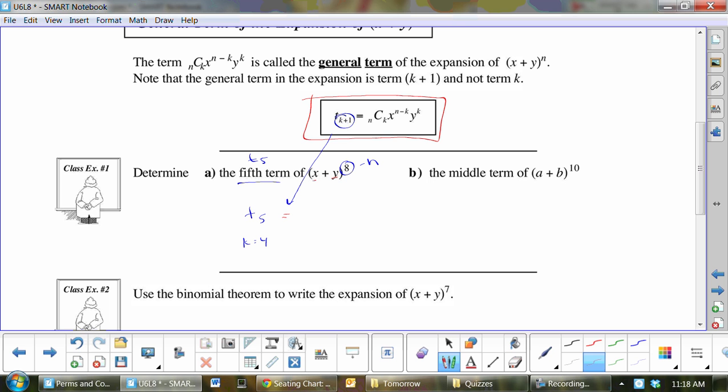So all you're going to do is T5 equals 8C, k is 4. x to the 8 minus 4, y to the 4. Now, 8C4, if you put that into your calculator, is 70. x to the 4, y to the 4. That is the fifth term.